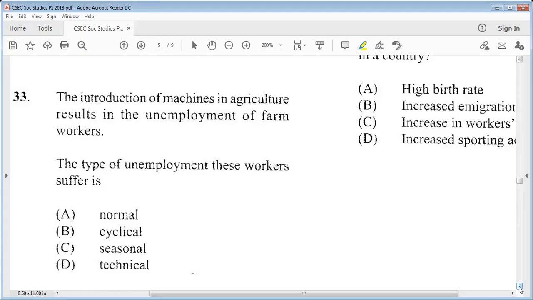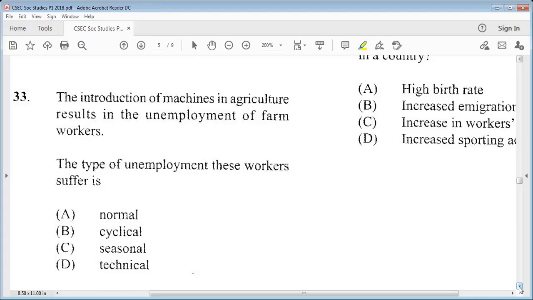Well, we know normal unemployment is when a person is fired either because they're not efficient enough to carry out their work, or they become redundant. Or they leave in search of a better job. That's normal unemployment.